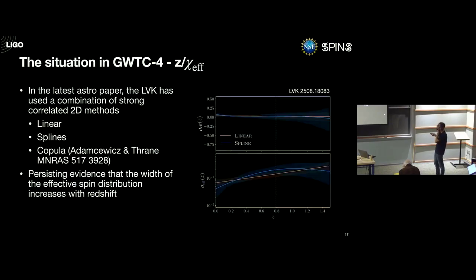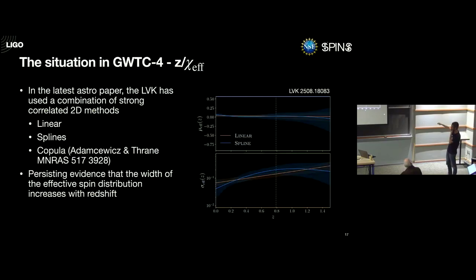On the other hand, the results from GWTC3 are pretty much confirmed for chi-effective versus redshift. Again, we use several models, and it is still the case that the width of the effective spin distribution increases with redshift. So it used to be easier earlier in the universe to get larger chi-effectives.